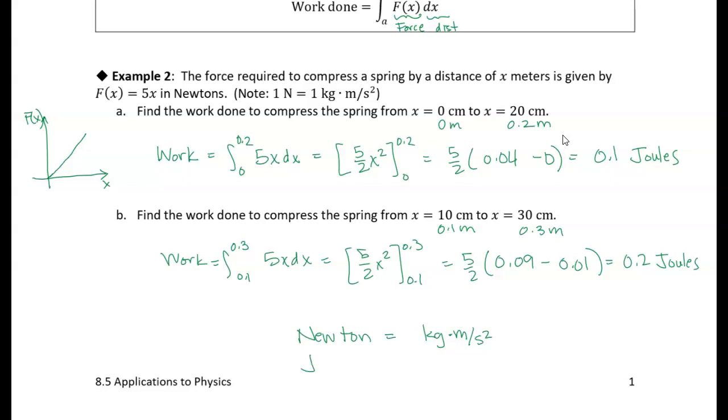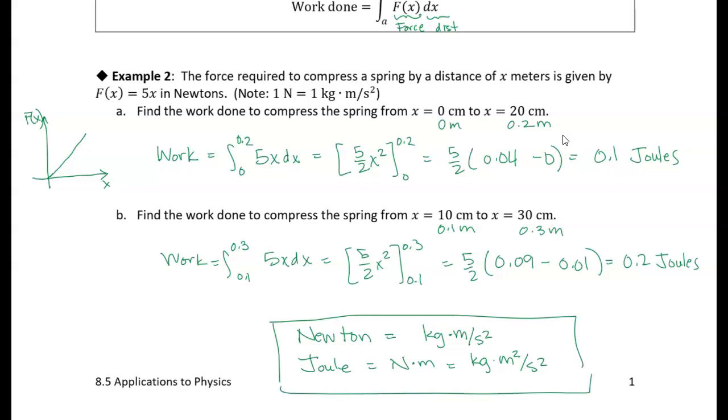And a joule is a Newton meter. Again, you've got to have everything in terms of kilogram, meters, and seconds. So a joule is a kilogram meter squared per second squared. So it's very important to watch your units when you're doing these problems.